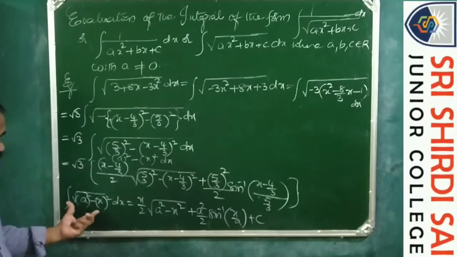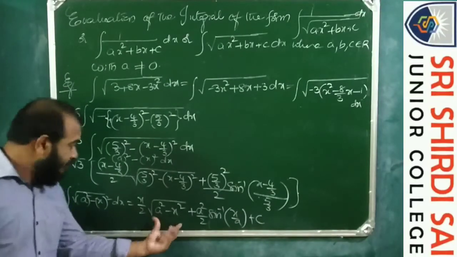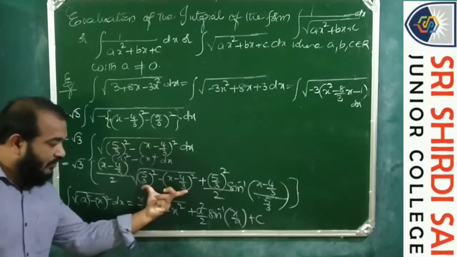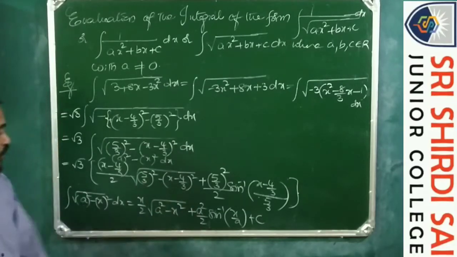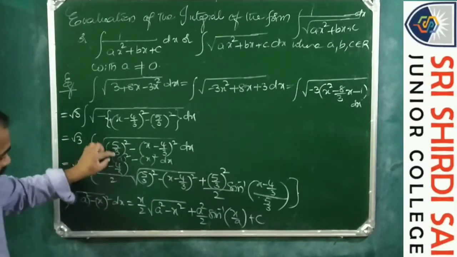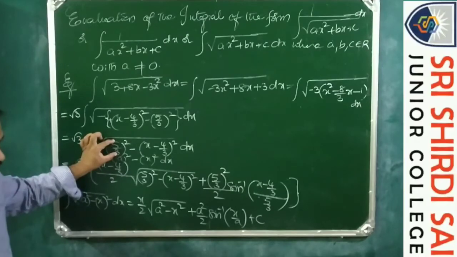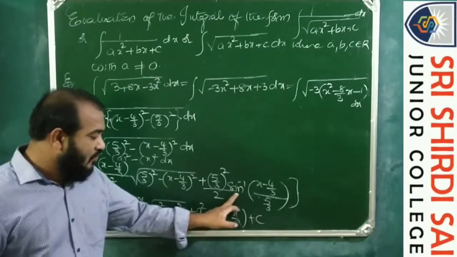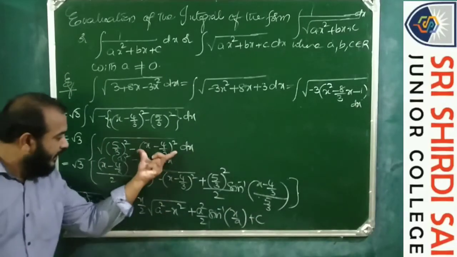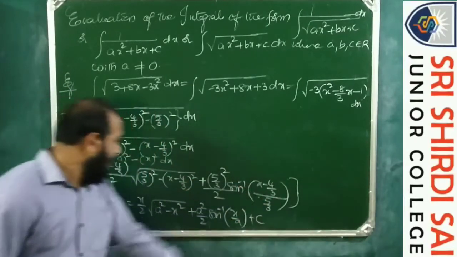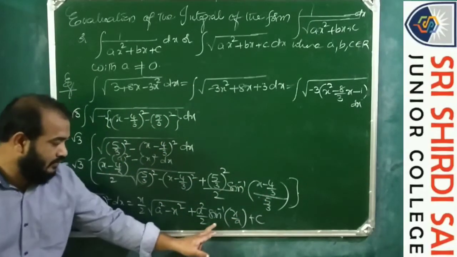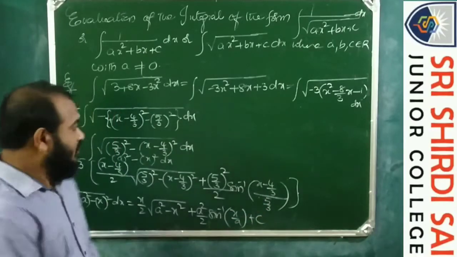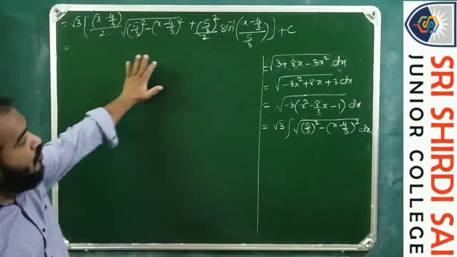Root of a square minus x square came again, and in place of this will come plus a square by 2. Here in place of a, 5 by 3 is what we have, so a square is 5 by 3 whole square by 2 sine inverse x by a. What is x here? x minus 4 by 3 by a, which is 5 by 3, plus constant of integration c. So this is what we have got earlier.